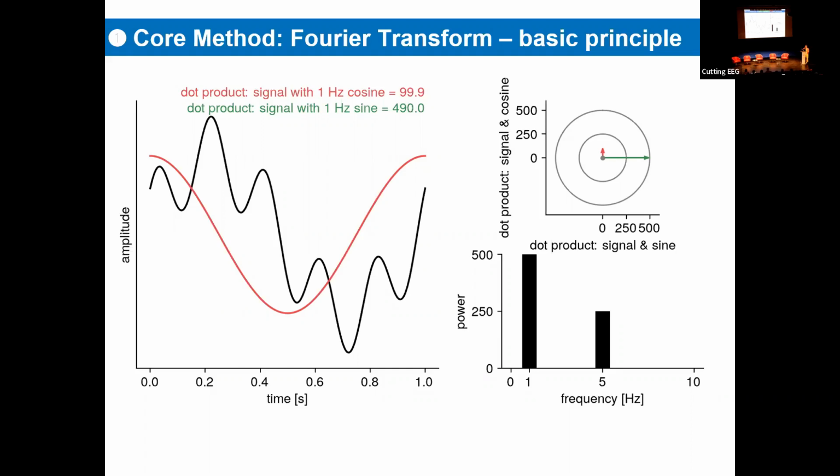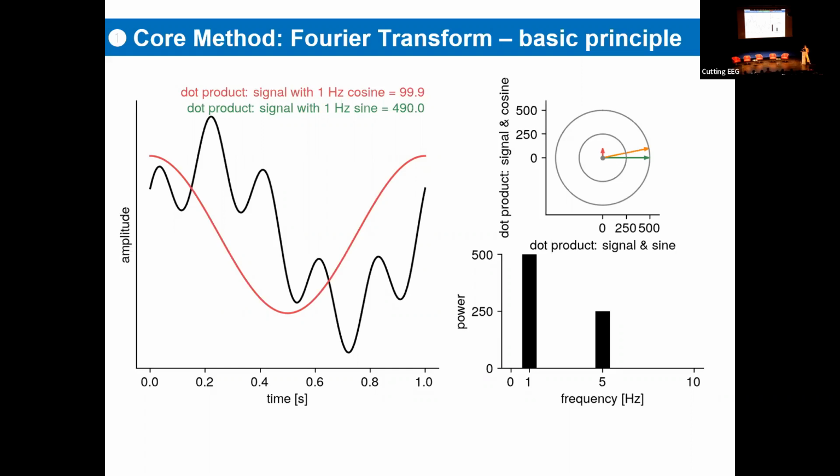Then we can use these two similarity values that we obtained to plot this as a 2D point, with the sine on the x-axis and the cosine on the y-axis, and we get one point. We can measure the distance of this point from the origin.